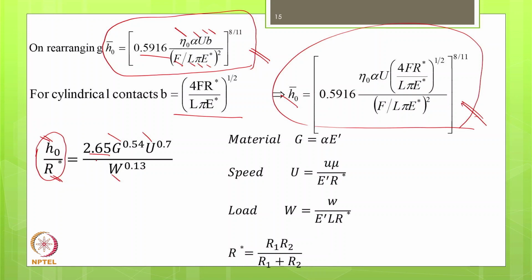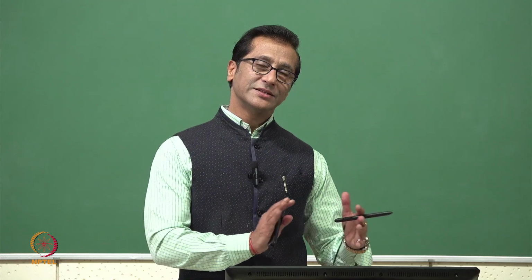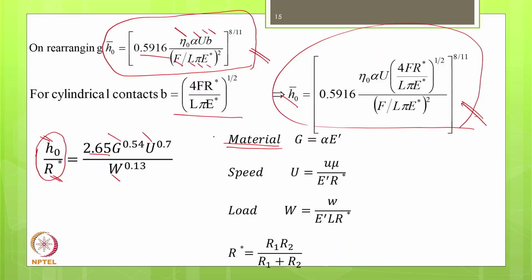What are the G parameter and W parameter? The G parameter is known as the material parameter. Now researchers have divided it in a slightly different manner. They say calculate separately the material parameter, the speed parameter, and the load parameter, and you also calculate the effective radius. Now what is the G parameter?